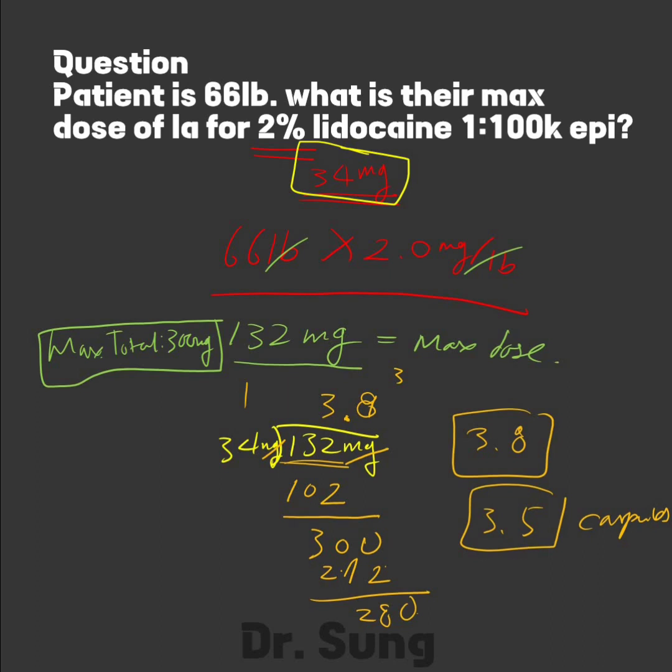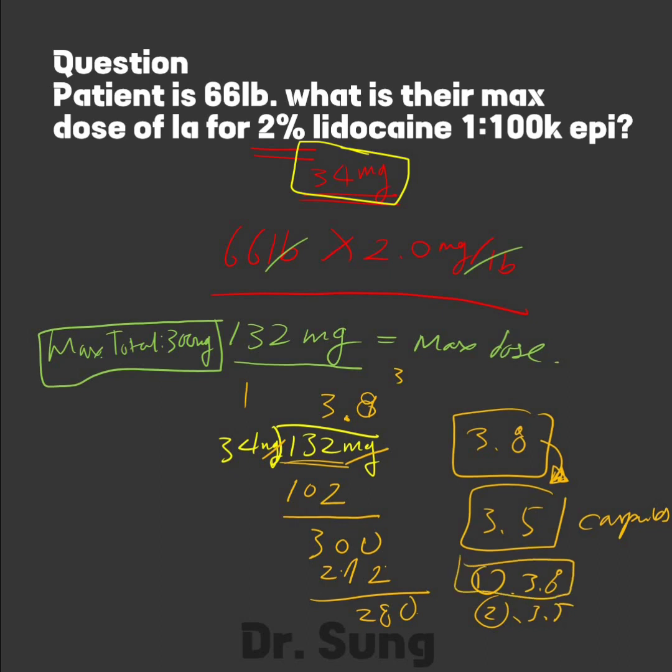Got it? Understood? Yeah, so it is always safer if you don't give more. So in your exam or quiz, let's say number 1 is 3.8. Number 2 is 3.5. Which one is the correct answer? Of course, number 1 is the correct answer.